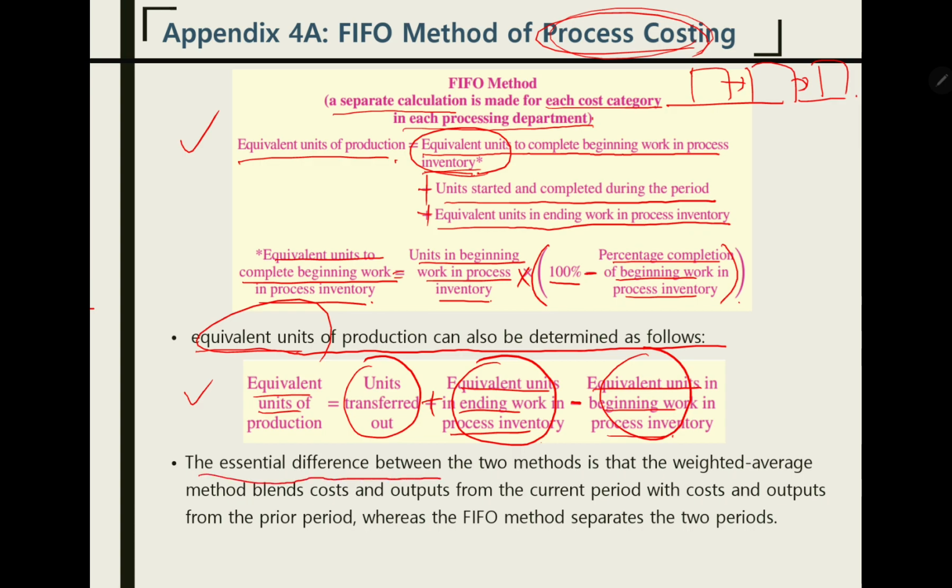The essential difference between the two methods, the FIFO method and weighted average method, is that the weighted average method blends costs and outputs from the current period with the costs and outputs from the prior period. On the other hand, the FIFO method separates the two periods.